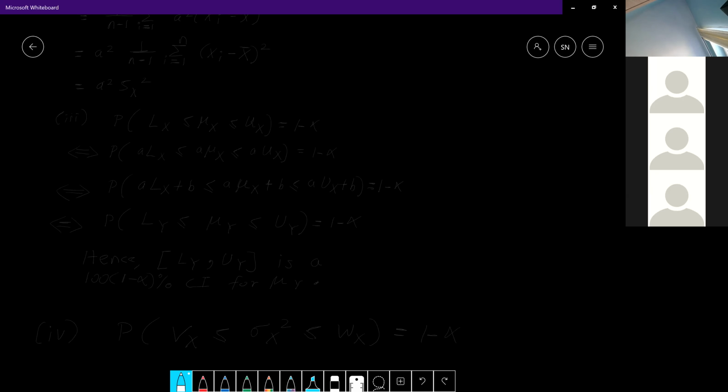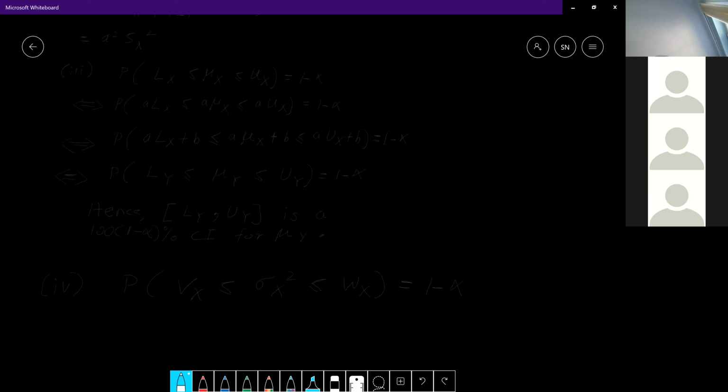This is what is given to you, and we want to find the confidence interval for sigma y squared.